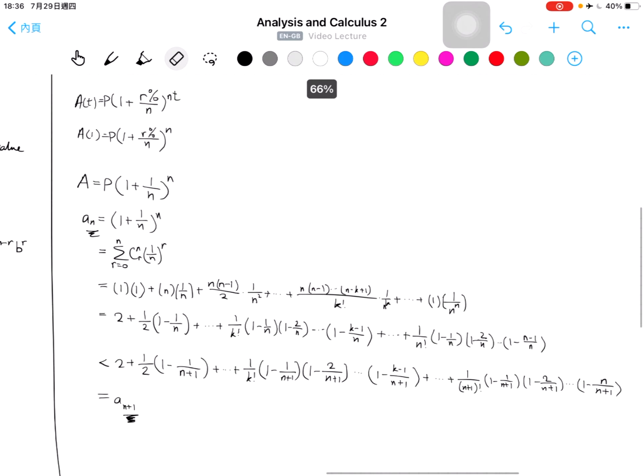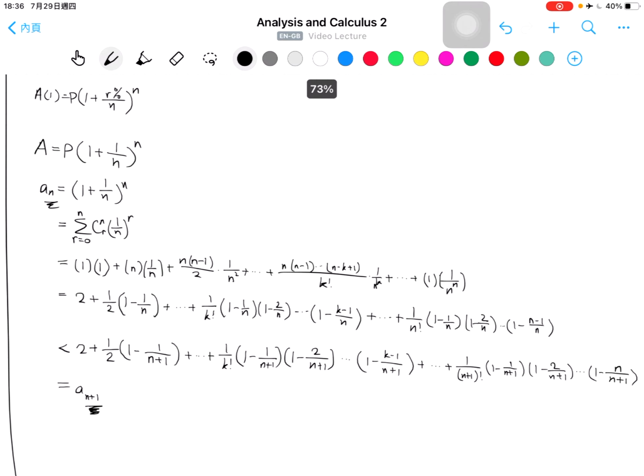Now, from here, I'm subtracting something from 1 in every single factor, right? So if I take away these factors, I will not have to multiply by something less than 1. Because multiplying by something a little bit less than 1 means I'm decreasing the overall value of each term. Now if I take away these factors, I'm going to get something larger.